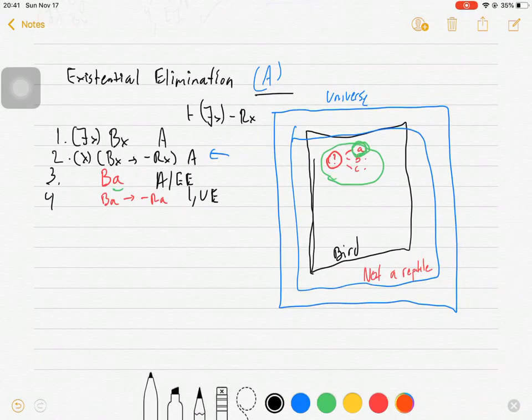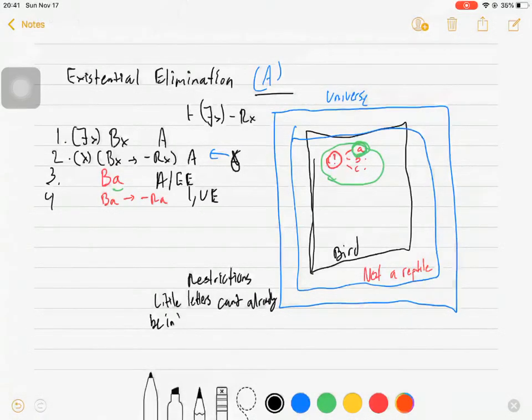Now, you might be asking, why didn't I just do this one first? Well, let's quickly talk about the restrictions. For EE, one of the restrictions is that those particular letters, that A, cannot already be in our proof.